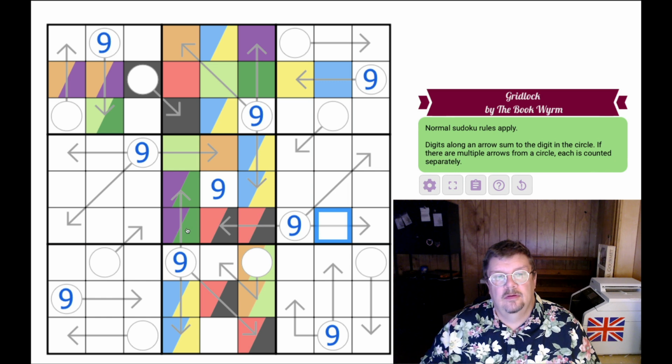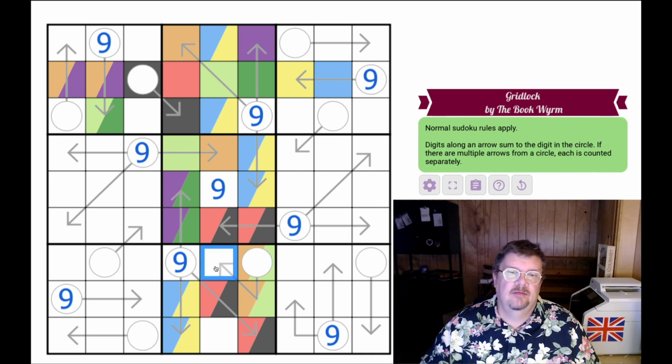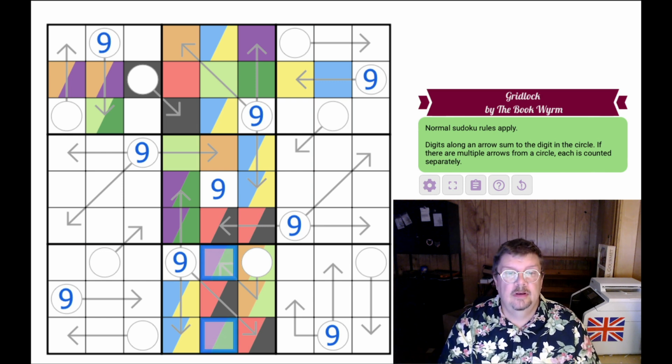It's not going to be purple-green. So it could be blue-yellow, and it could be orange light green. Not sure I know yet. Well, actually, I've got a pair of digits here that we should be able to identify as purple-green. So let's put those in.